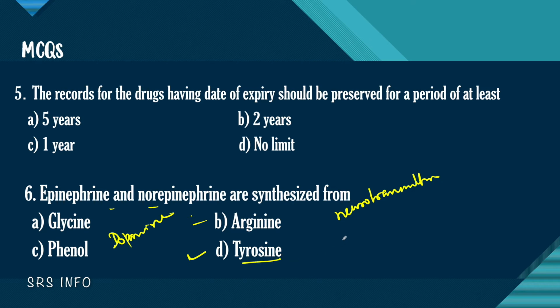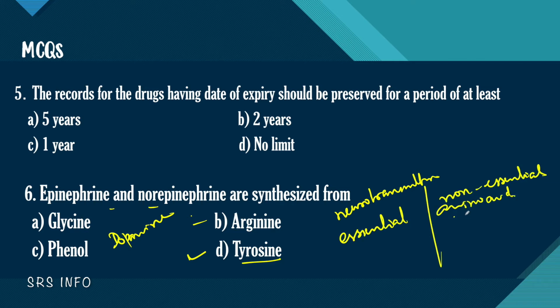And what is the difference between essential and non-essential? Essential amino acids are not naturally produced by our body, so we have to take them through our diet.